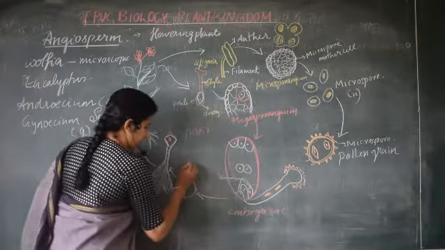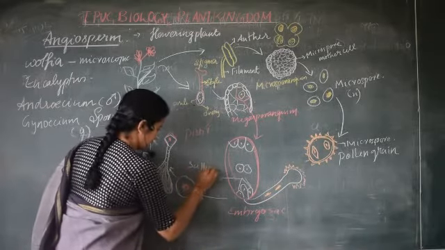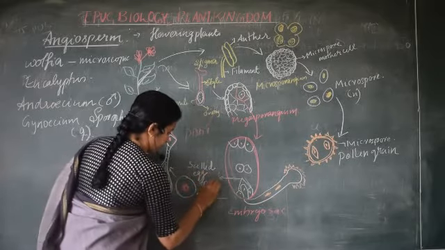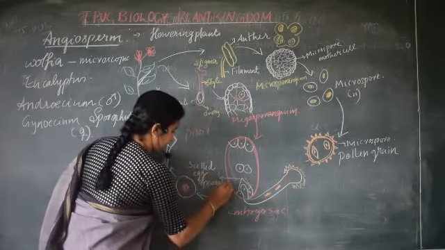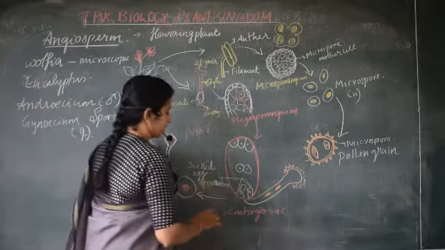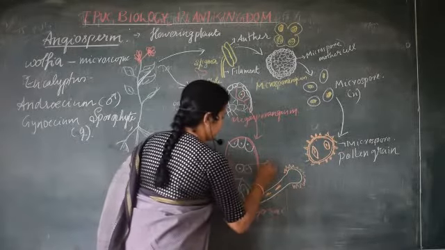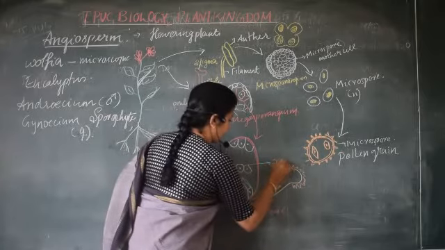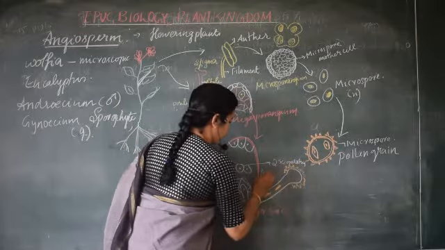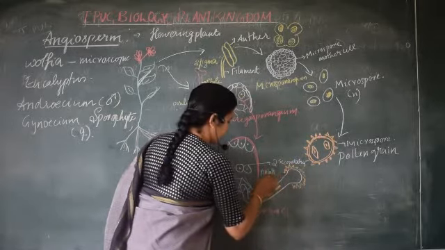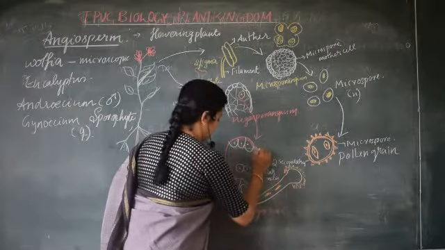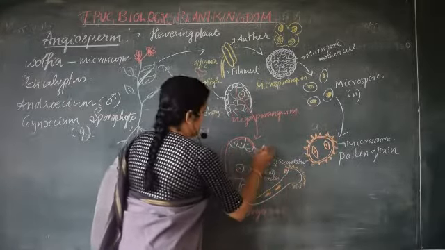This is the 3-celled egg apparatus. Then in the middle there are 2 secondary polar nuclei. Then there are the synergids.